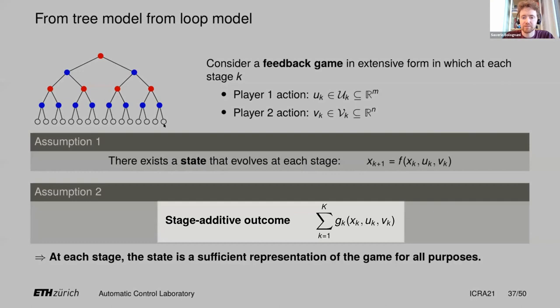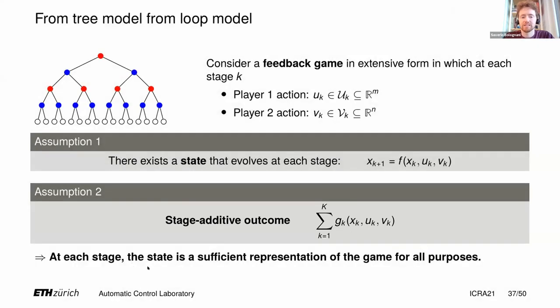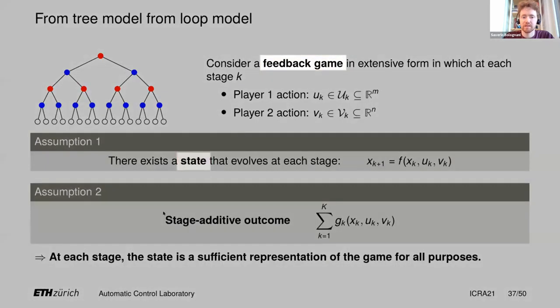So the outcome at the end of the leaves is going to be a sum of functions evaluated over the states along the stages of the game. Then at each stage, the state is a sufficient representation of the game for all purposes, right? So you can do the backward induction on the state instead of keeping track of all the past decisions. Just as a recap, we need it to be a feedback game. There needs to be a state and stage-additive outcome.